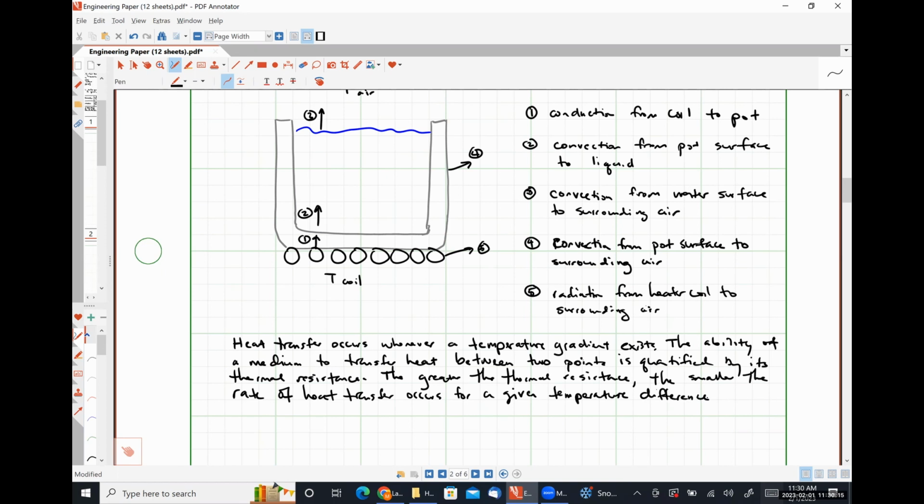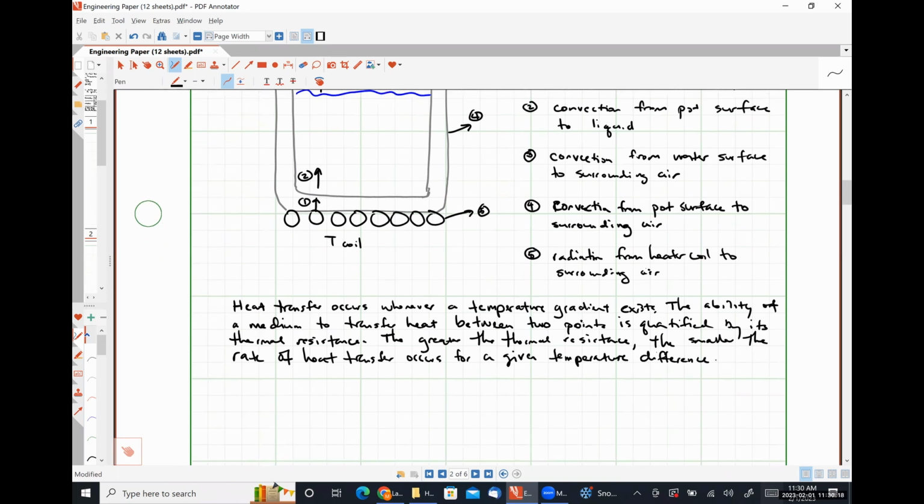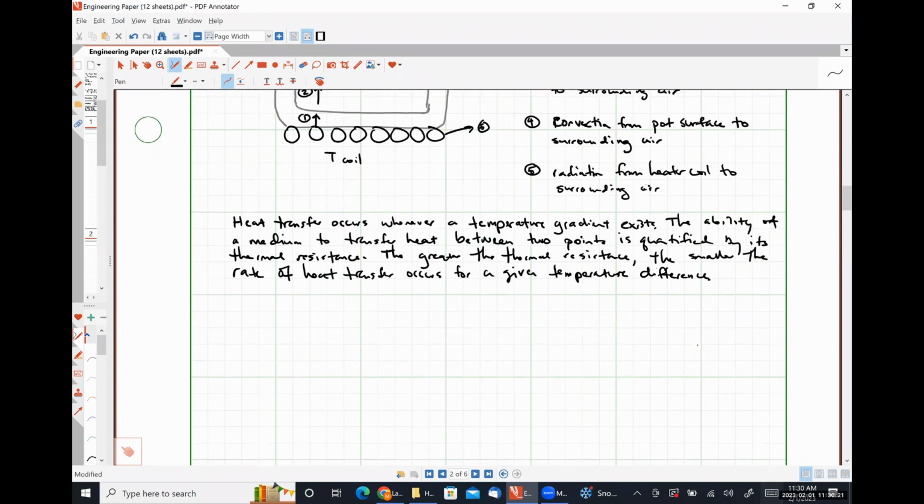Right. So let's say that I have a rod. My rod has some length L, some cross-sectional area of A, and it is made of a material with a particular, make sure I'm getting the terminology here right, thermal conductivity.